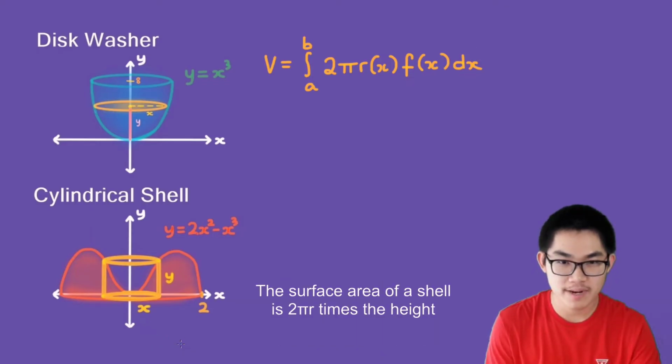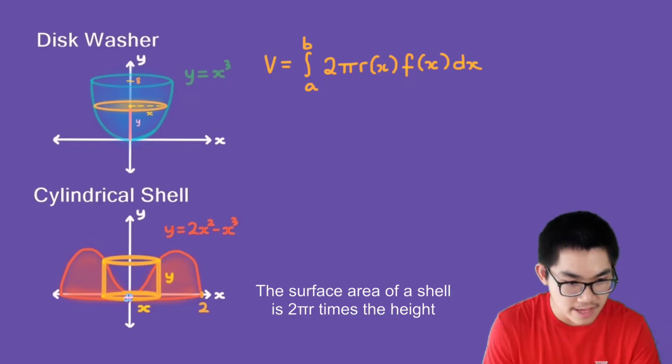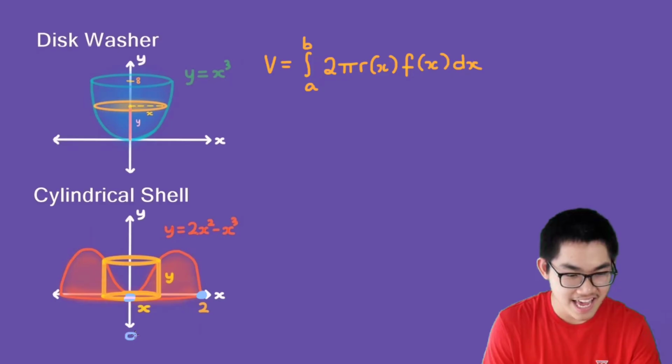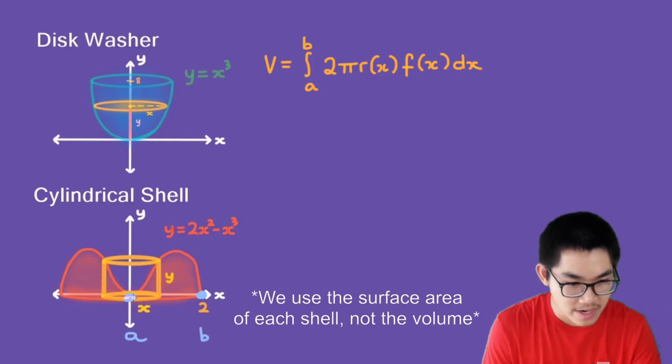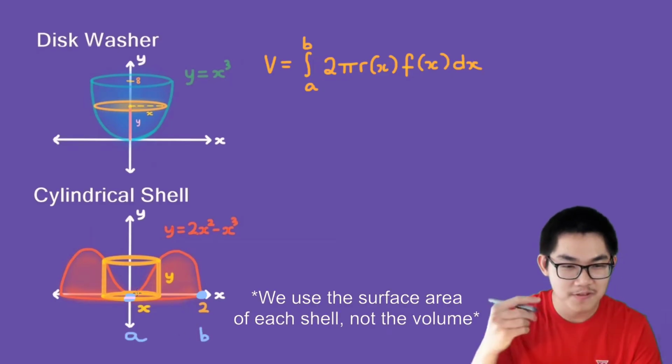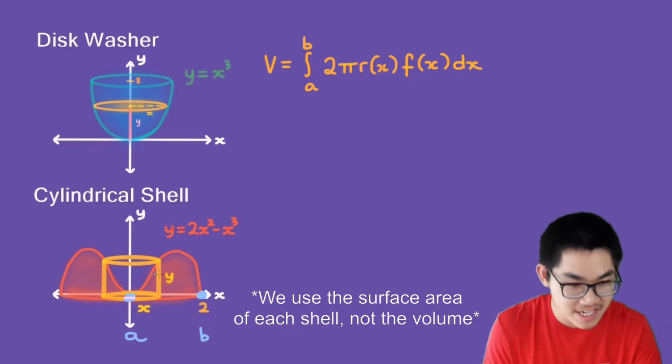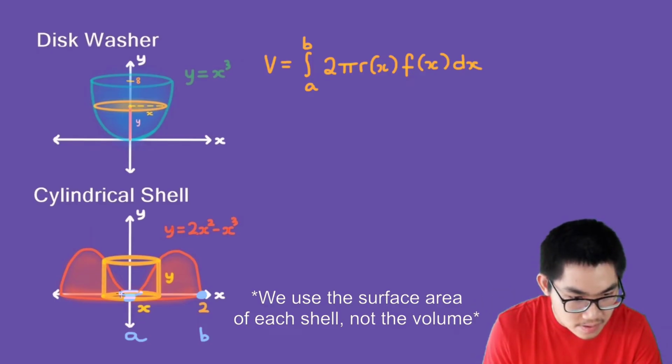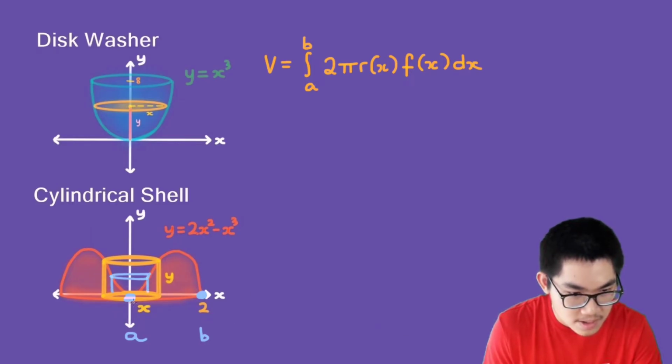So what this formula is saying is from a to b, so from a right here, and b, we're going to take the volume of each shell. We take the volume of this shell, and then the volume of this shell moving from here to here.